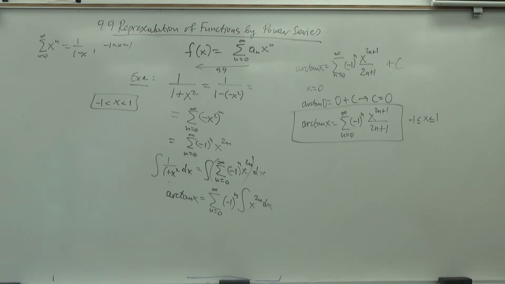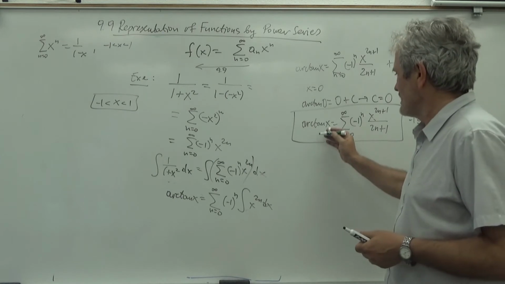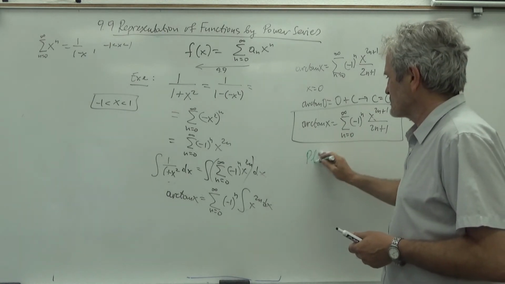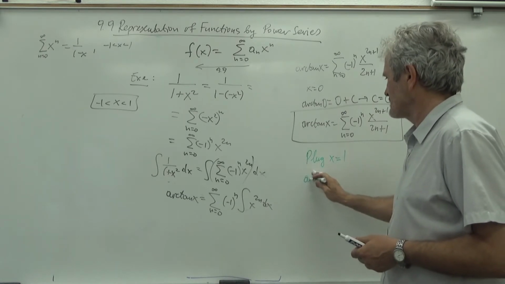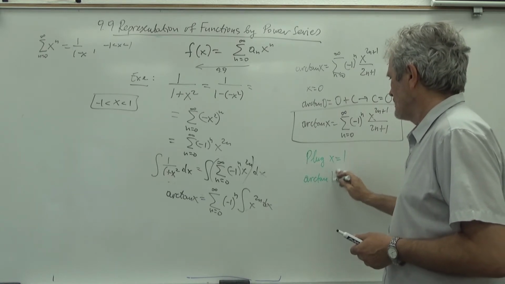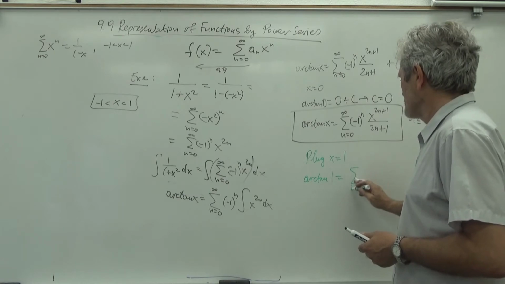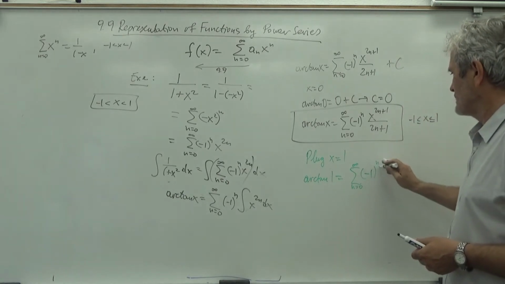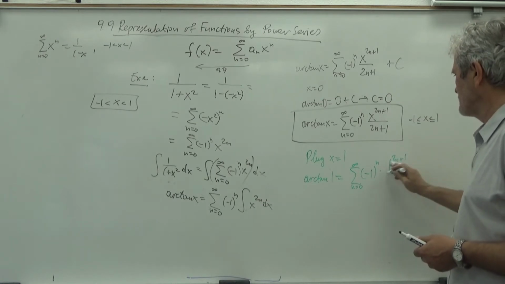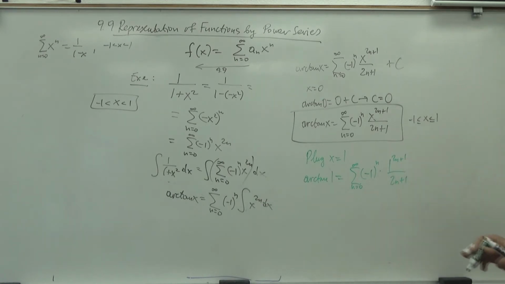Why is that important? Because that's how it was first used. Actually, so plug x equals 1. So we get the following, arctan of 1 equals sum n goes 0 to infinity, negative 1 to the n, 1 to the 2n plus 1 over 2n plus 1.